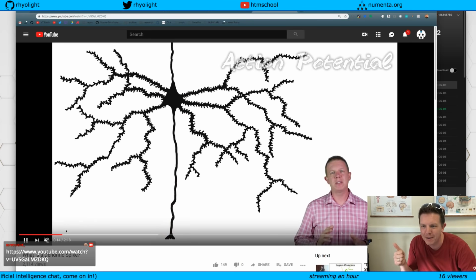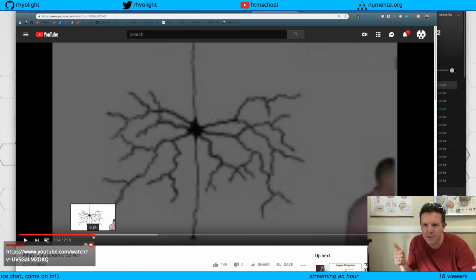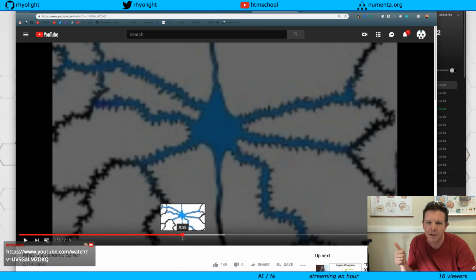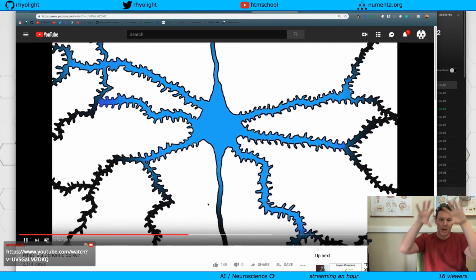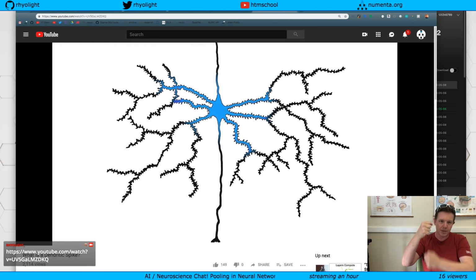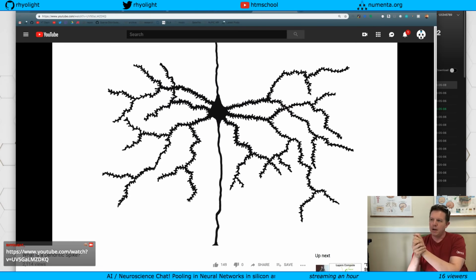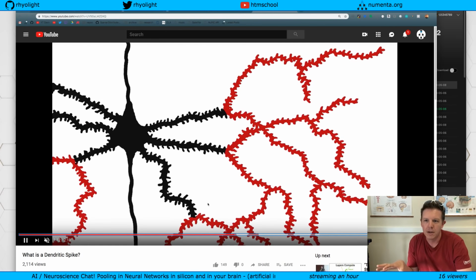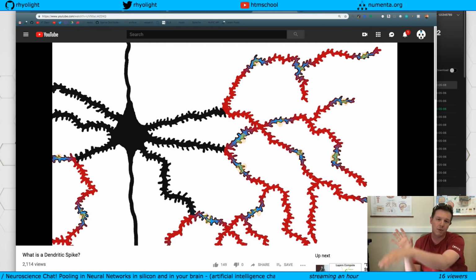My point being, usually the soma spikes when it gets proximal input. If the soma gets proximal input, these are proximal dendrites near the cell body, then the soma fires. It creates an activation. But there's all these other dendrites around the edges that are distal, far away, right?